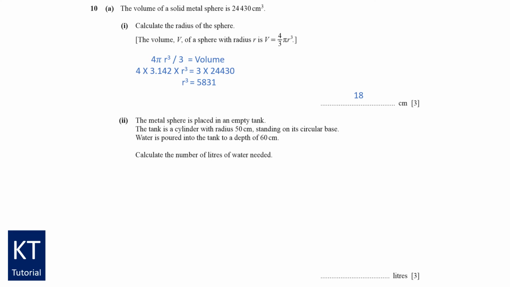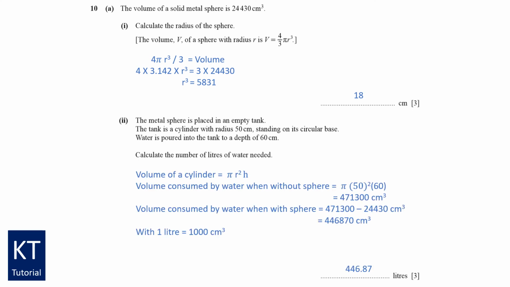Water is poured into the tank to a depth of 60 cm. Calculate the number of liters of water needed. Using the formula for the volume of a cylinder, you could essentially calculate the volume consumed by water when it's without a sphere. The required volume is therefore this volume minus that of a sphere. Next, do the appropriate conversion to get to the answer in liters.